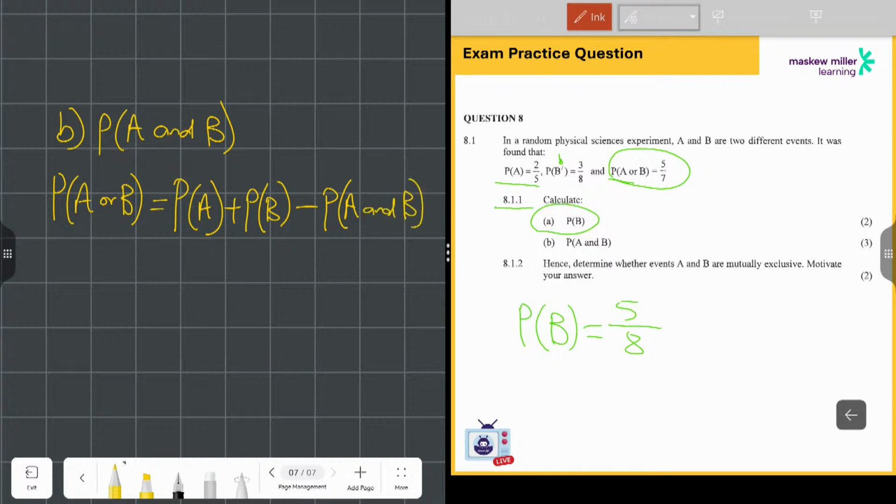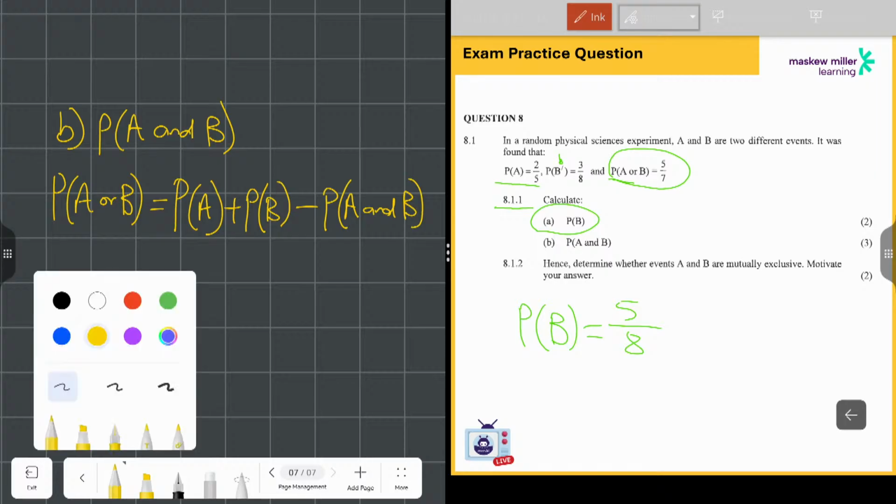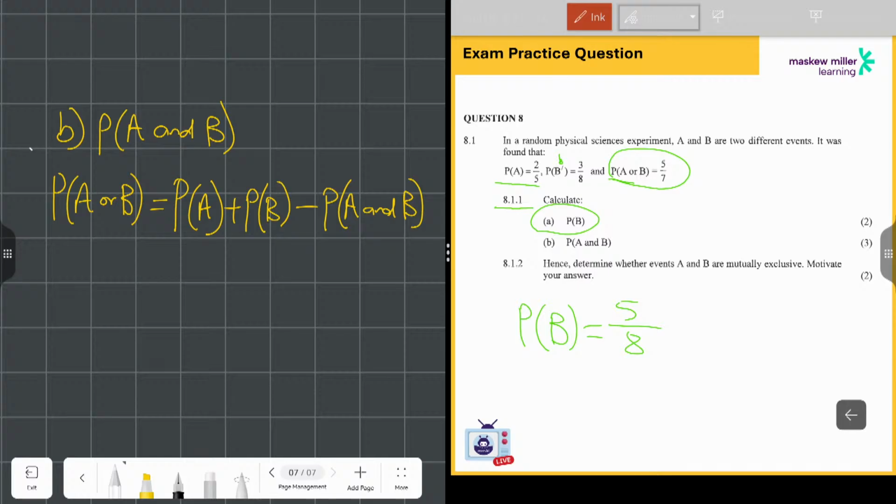Right? Now I will start right away to substitute what I have and remain with what I don't have. I do have the probability of A or B, which is given as 5 divided by 7. I have the probability of A, which I was given as 2 divided by 5.